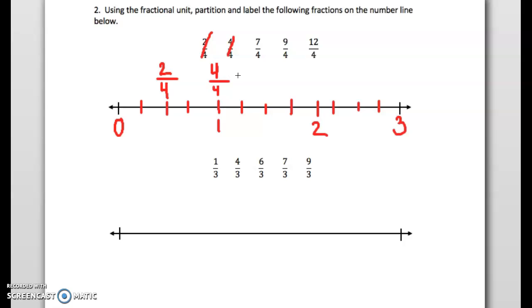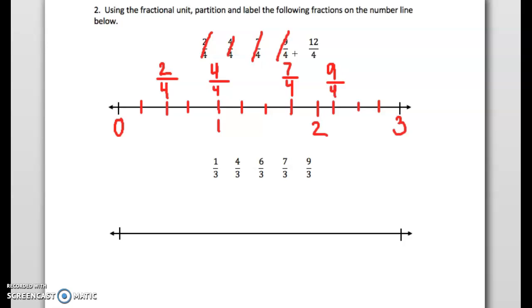Beginning at 4/4, 5/4, 6/4, 7/4 would lie at this point on our number line. We can cross this one out and keep counting. Beginning at 7/4, 8/4, 9/4. 9/4 is another one of our fractions, so we can label that at its respective point.